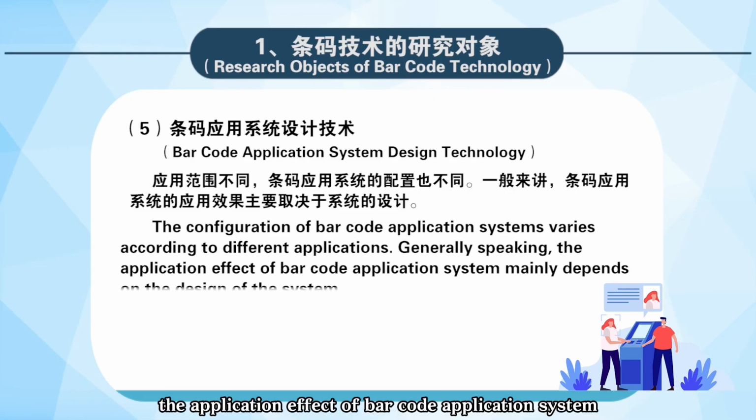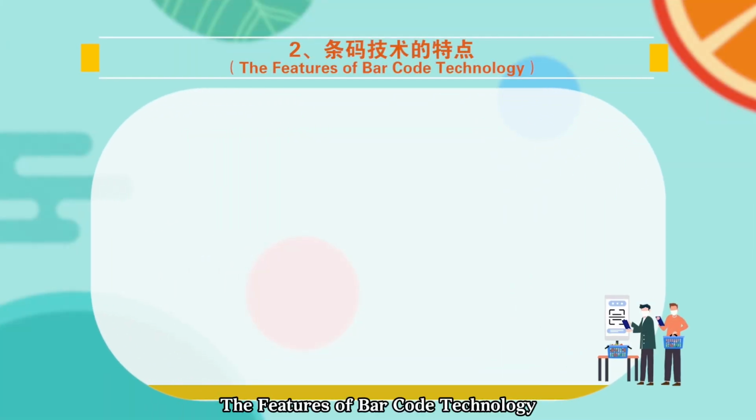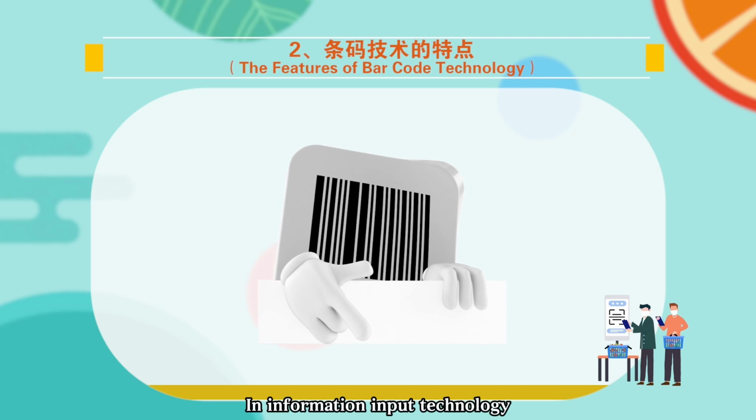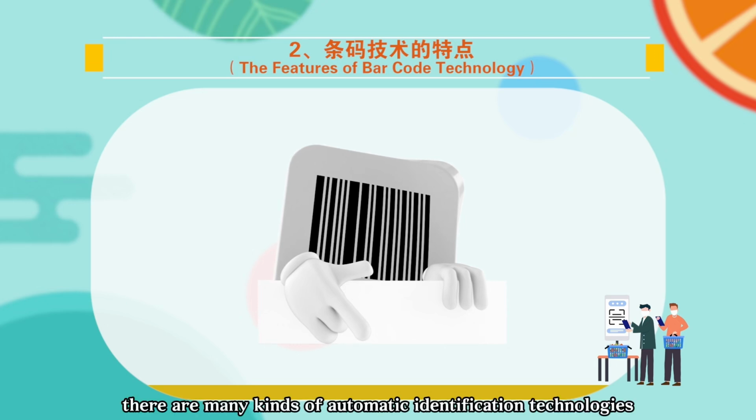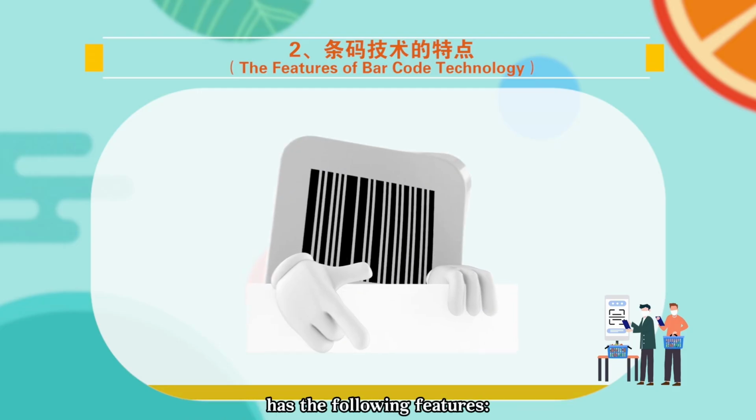Generally speaking, the application effect of a barcode application system mainly depends on the design of the system. The features of barcode technology. In information input technology, there are many kinds of automatic identification technologies. As a graphical identification technology, barcode, compared with other identification technologies, has the following features.